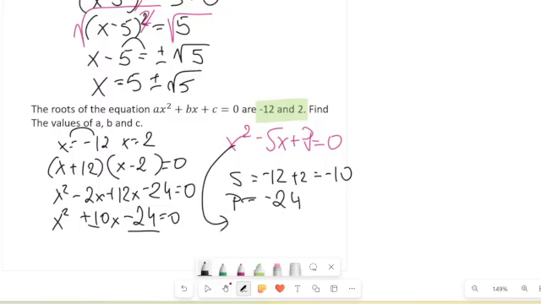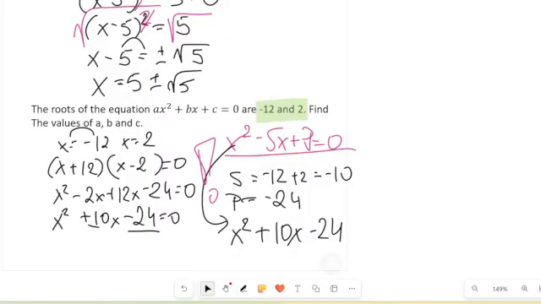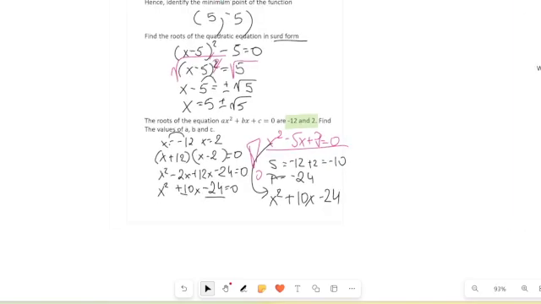I apply it to my formula and I get x squared, then minus and minus 10 will turn to a 10x, and then minus 24. Okay, and make sure that you know this formula, and it helps a lot, especially on the Leaving Cert.